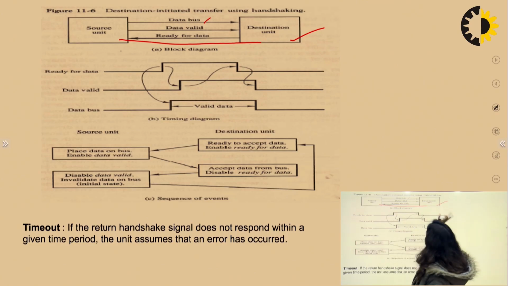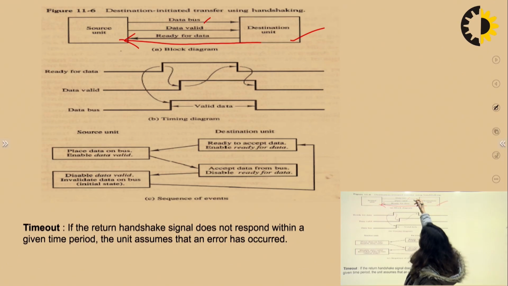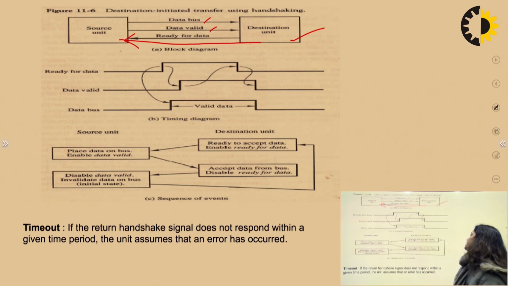So it will be requesting the source unit to send the data to me, and in response, the source unit will put the data on the data bus. So that data becomes valid when this signal becomes high and the destination unit will start receiving that data.